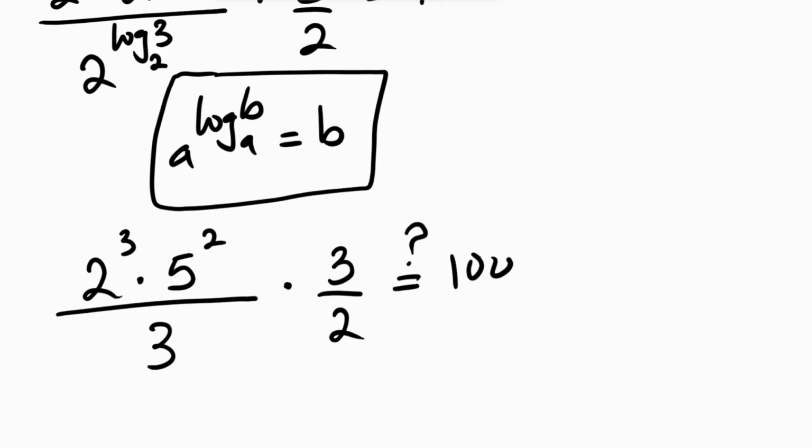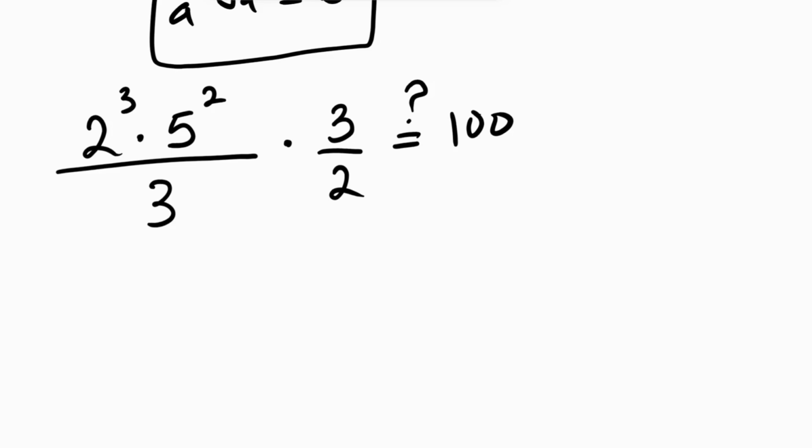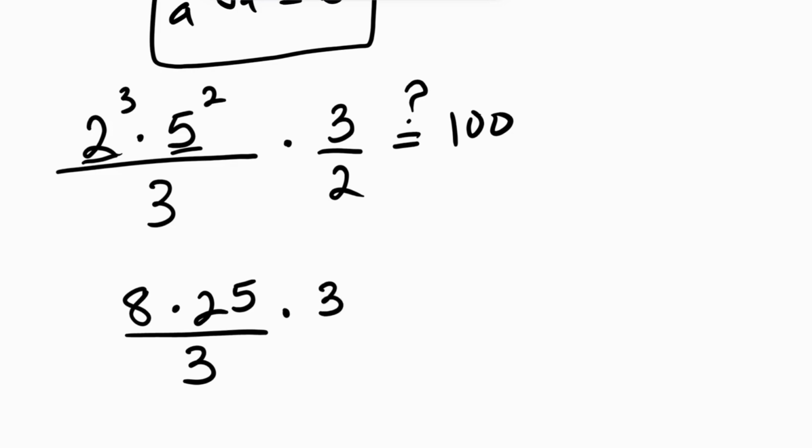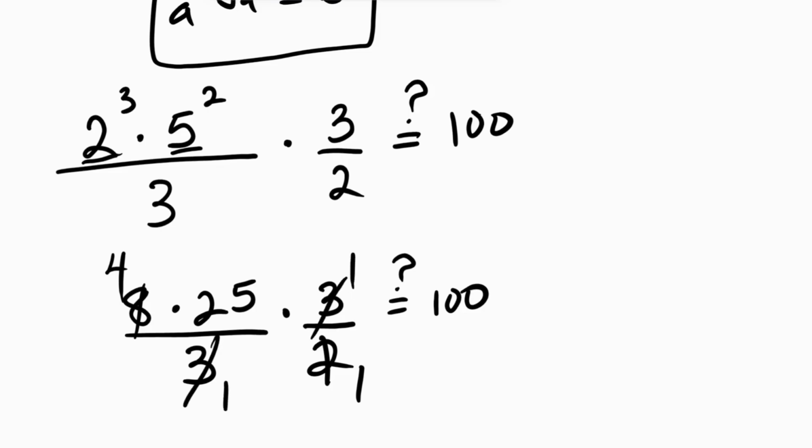Let's see if this is going to be equal to 100. 2 raised to the power 3 is 8 times 5 raised to the power 2 is 25 divided by 3 times 3 divided by 2. 2 here is 1, 2 here is 4, 3 here is 1, 3 here is also 1.